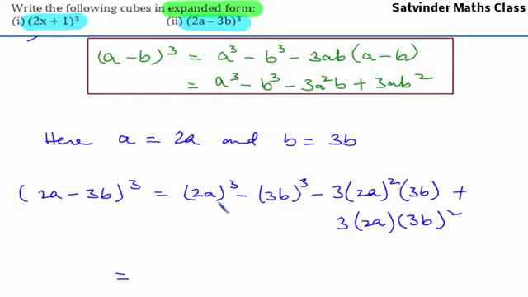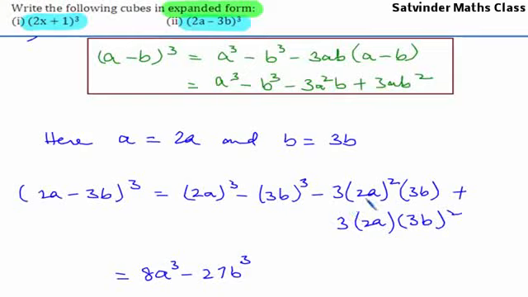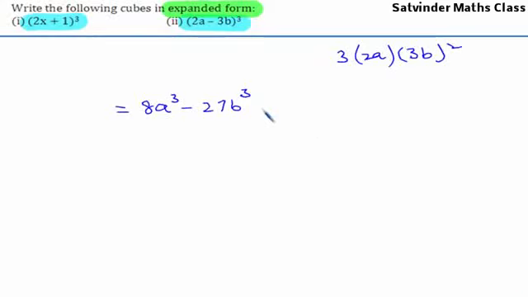We will get (2a) whole cube is 8a cube minus 3 cube is 27, therefore 27b cube. We have (2a) whole square is 4a square. 4a square into 3b will give you 12a square b. 12a square b into 3 will give you 36a square b.